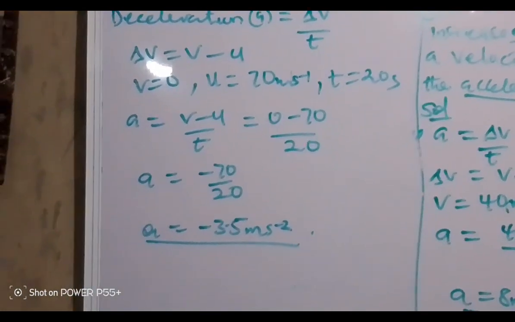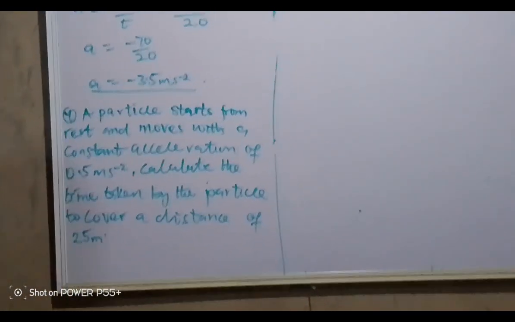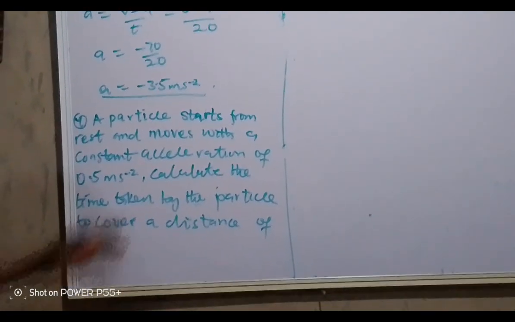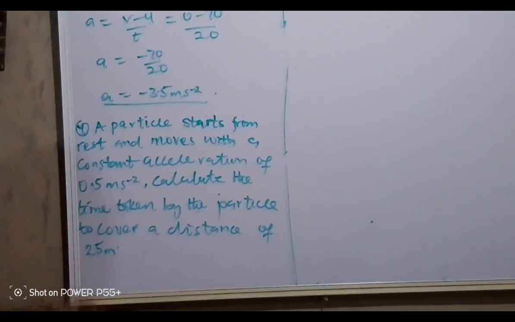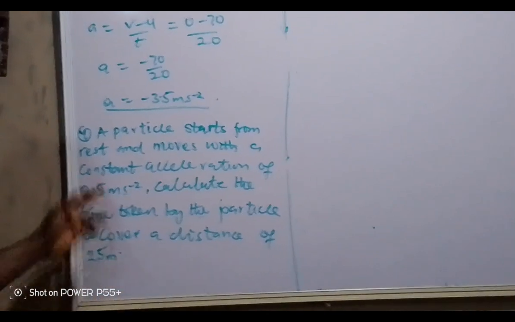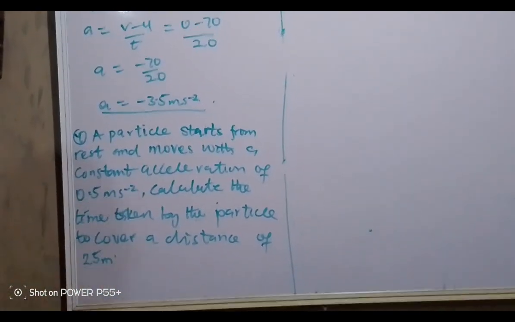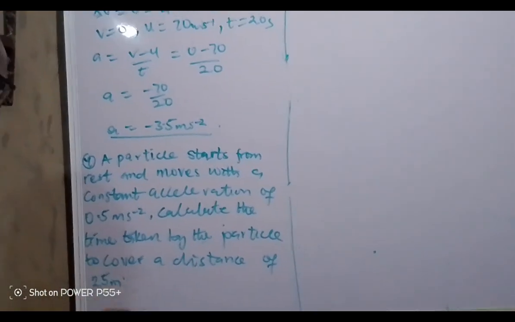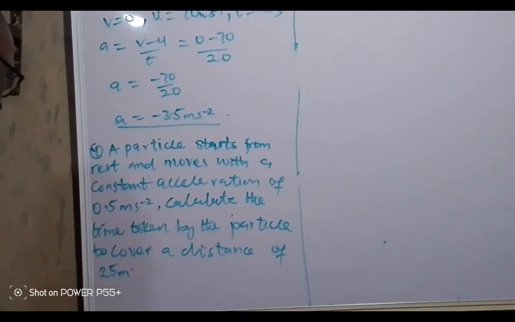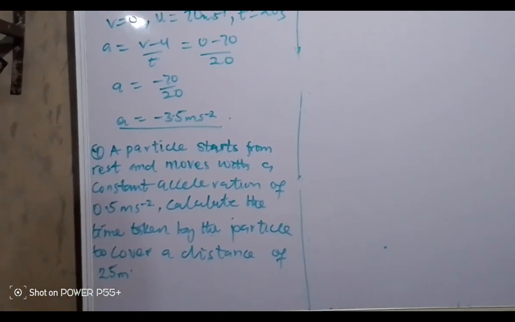Now, let's take this one as example 4. A particle starts from rest and moves with a constant acceleration of 0.5 meters per second squared. Calculate the time taken by the particle to cover a distance of 25 meters.